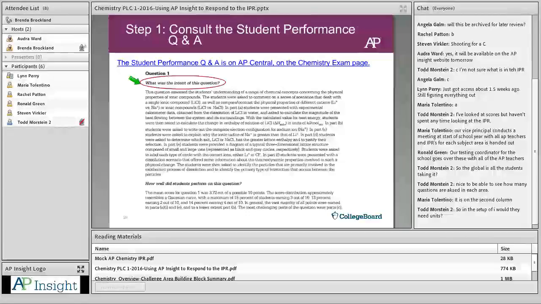You'll then see as you read through that area some of the things that students did that were common errors. They always start with the intent of the question, and then it continues on with how the students did, what some of the areas were that they had issues with, and maybe some advice for the teachers.